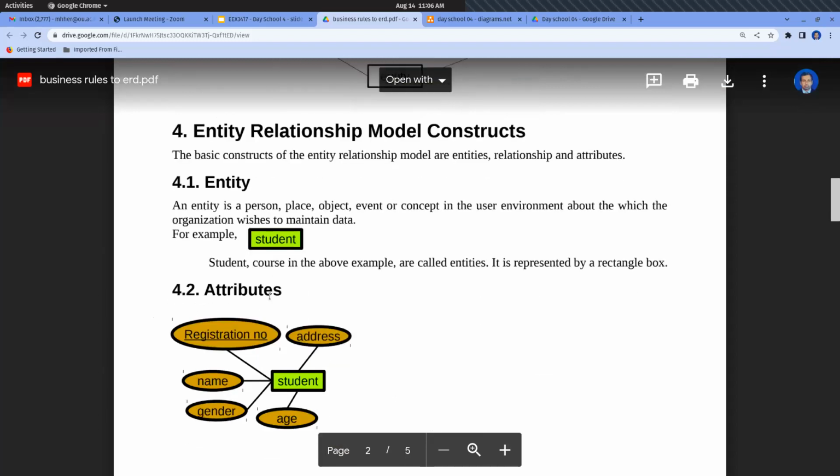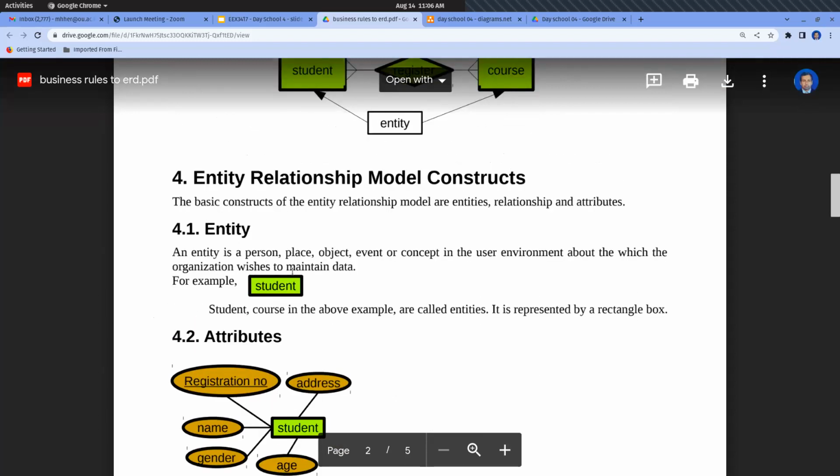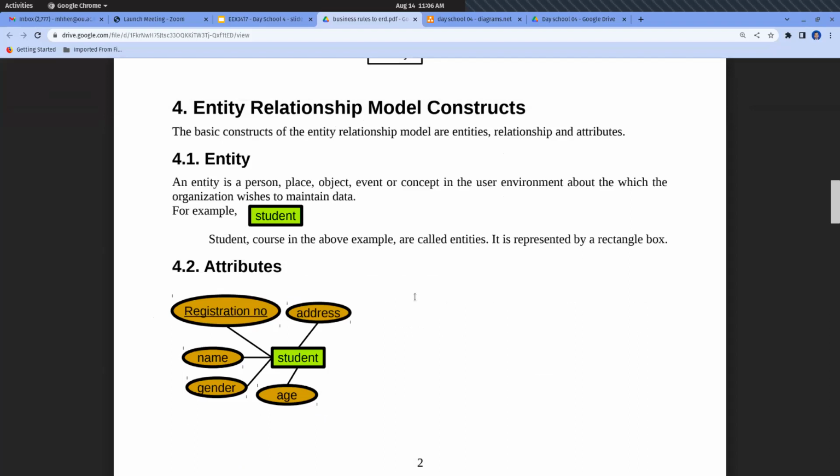And then here the student is an entity. Some attributes are available for each entity. Like a student has a registration number, a name, a gender, an age, an address.